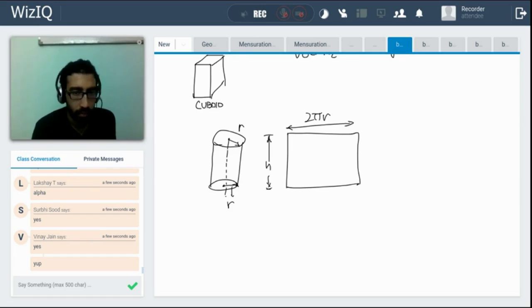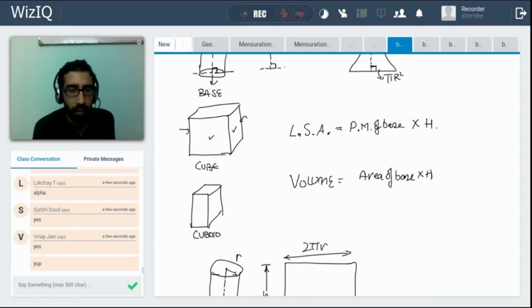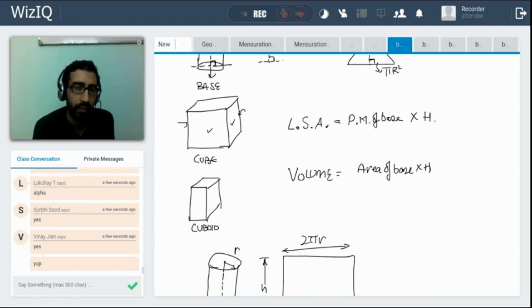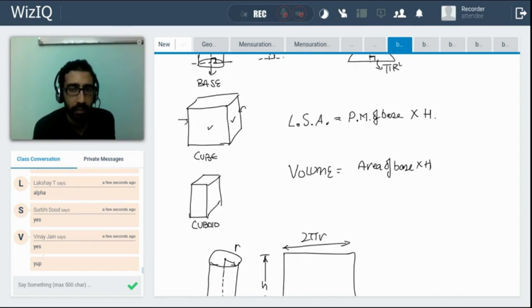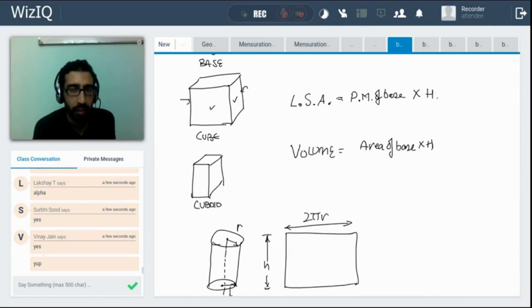So the curved surface area essentially becomes 2 pi r into h, and that is what I mean when I say that the curved surface area or the lateral surface area is the perimeter of base, 2 pi r here, into height. Is this clear? This is true for all figures, cube and cuboid as well.